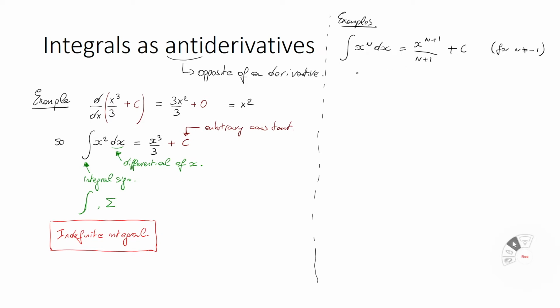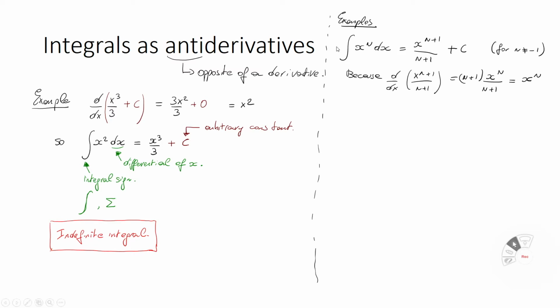And why is that true? Well, because if we take the derivative, then we know the derivative of x to some power, that's the power times x, and then you reduce the power by 1, so it's x^n, and we still have an n plus 1 in the denominator, so this is just x^n.